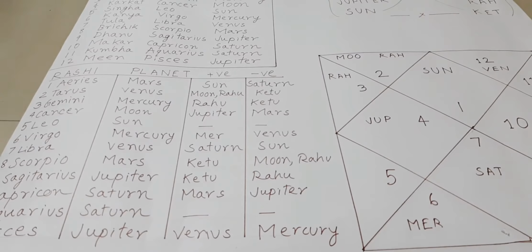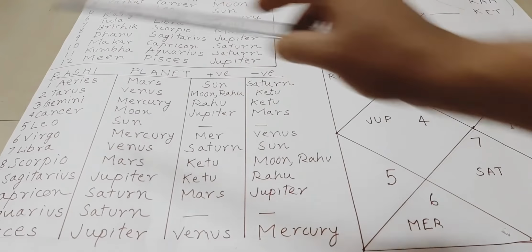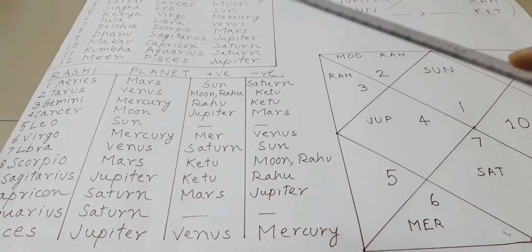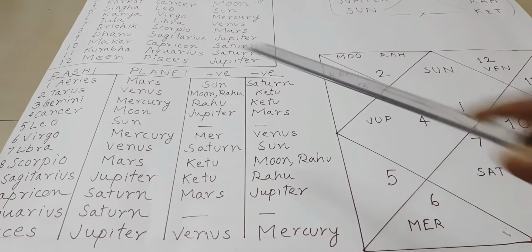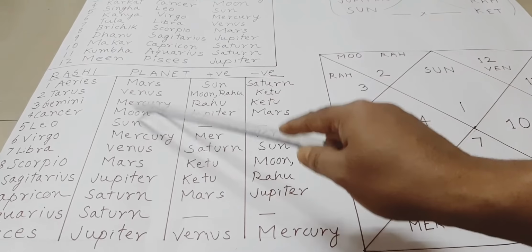For our understanding, I have written the numbers to represent the zodiac signs. 1, 2, 3, all these are representing zodiac signs based on this list, because the numbers are always fixed. Number 1 means Aries. That happens for all the charts, not specific to any specific birth chart. Whenever you see the number 3, it means Gemini, and the planet is Mercury.